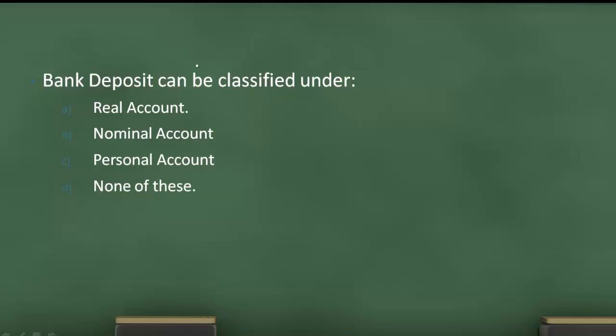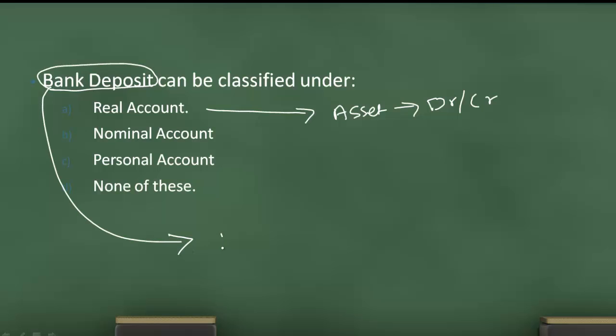Next question, bank deposit can be classified under what? Is it real account? Because real account says asset, debit what comes in, and credit what goes out, and we understand bank deposit is an asset. But understand, the bank deposit is actually money that is given to a bank, and bank is a person.